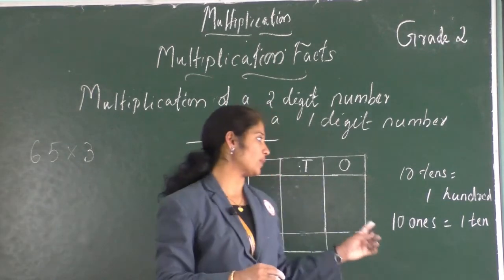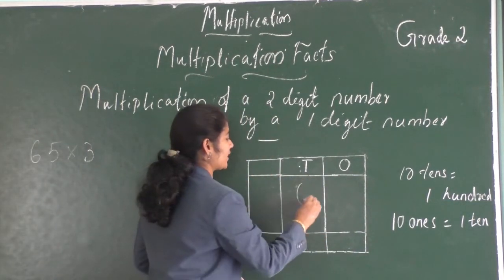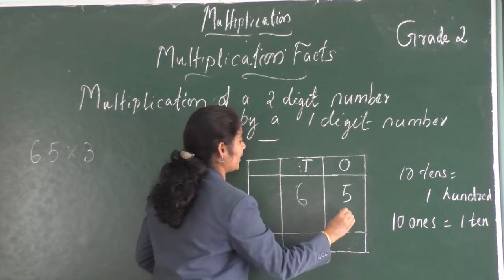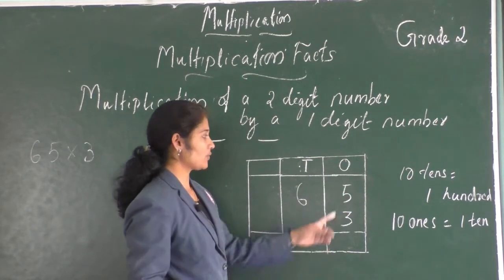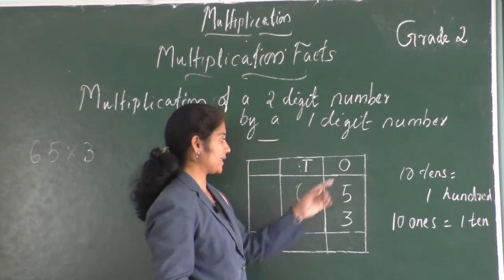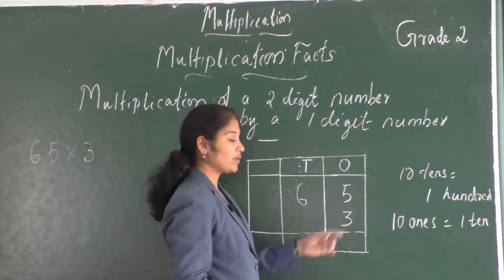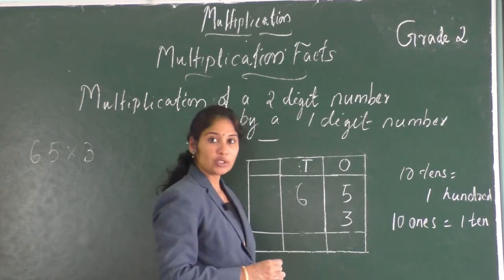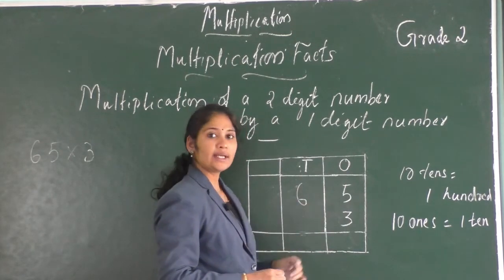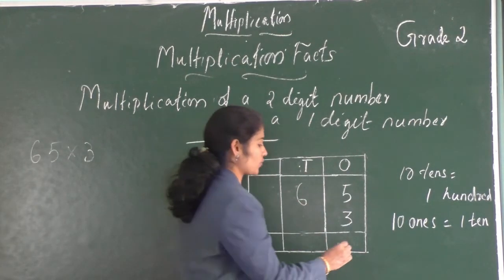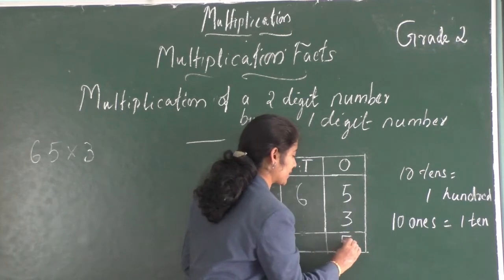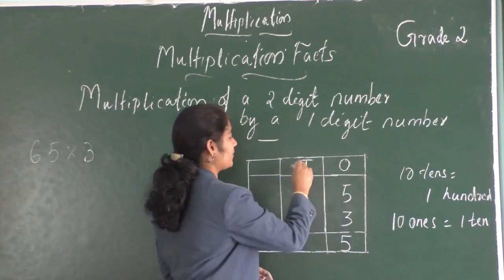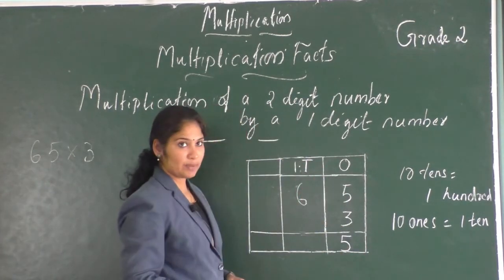We can write in a place value chart 65 and 3. First, which place do we have to multiply? Yes, ones place. So 5 into 3, 15. So 15 we can regroup as 1 ten and 5 ones. So 5 ones we can write at the ones place and 1 ten we can write at the tens place.